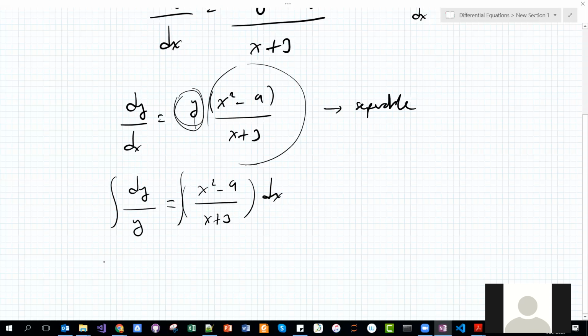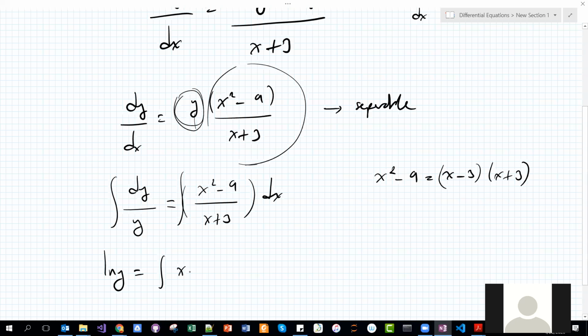The left-hand side integration is gonna be so easy, ln y, but the right-hand side integral is gonna create some trouble. But before taking the integral, I can write x squared minus 9, which is equal to (x minus 3) times (x plus 3). As you see, I have the same term, x plus 3, which will go away, and then I will just have the x minus 3 term there.